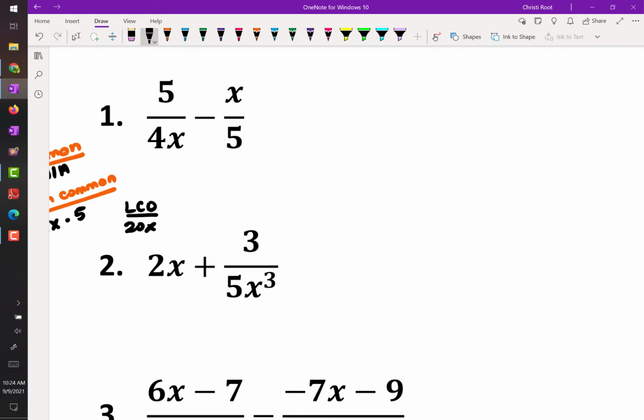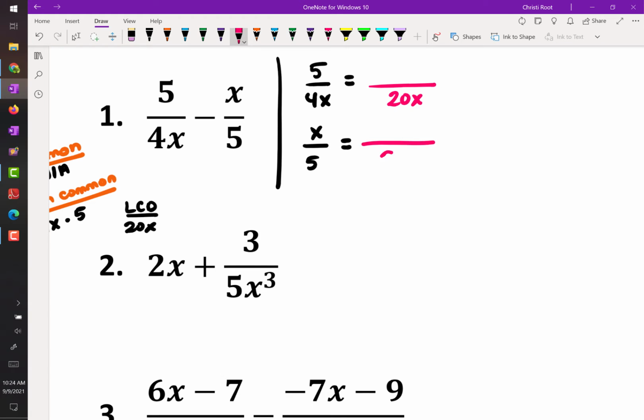I'm going to rewrite it. So I'm going to put 5 over 4x equals, and then I'm going to do x over 5 equals. We need to write equivalent expressions. So I want this to be 20x, correct?